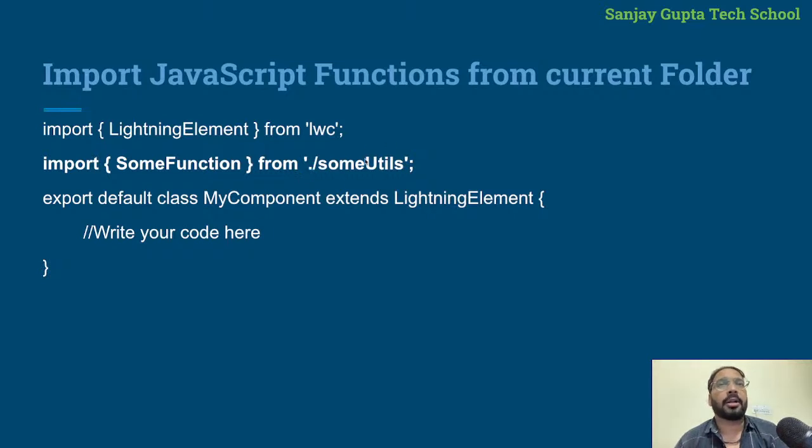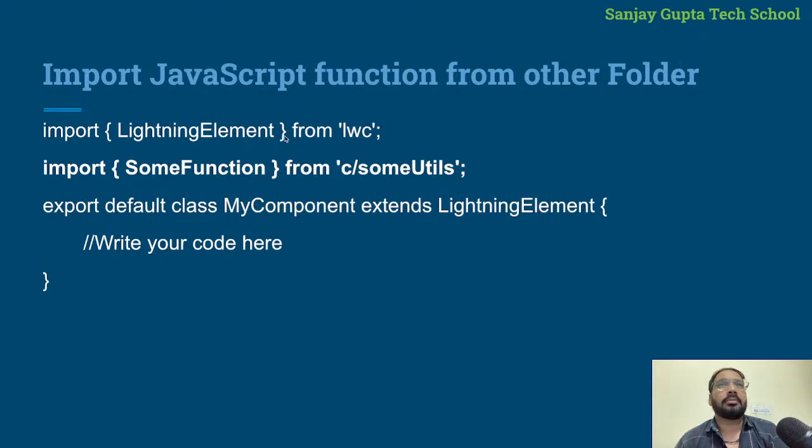So if your file is available in the same component, you need to import it like this. And suppose your function or JavaScript file is available in any other Lightning Web component, in that case you will be using c/. So c/ means in the complete c namespace, wherever this file is available, from that file this function will be imported and you will be able to use it.